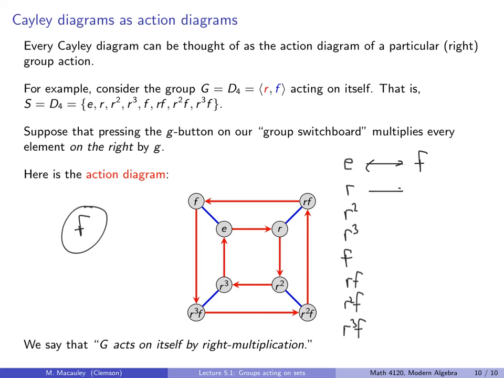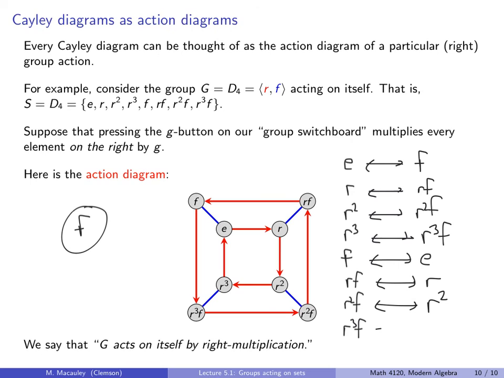That's just F. R gets sent to RF, R squared gets sent to R squared F, R cubed gets sent to R cubed F, F gets sent to the identity, RF gets sent to R, R squared F gets sent to R squared, and R cubed F gets sent to R cubed.